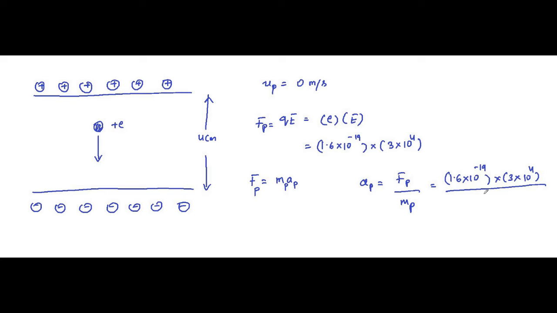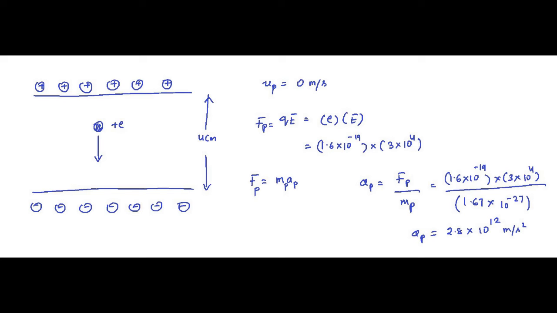The mass of proton, we know it is equal to 1.67 into 10 to the power minus 27 kg. So here this value, acceleration of the proton, that is equal to 2.8 into 10 to the power 12 meter per second square. That is the acceleration of the proton.